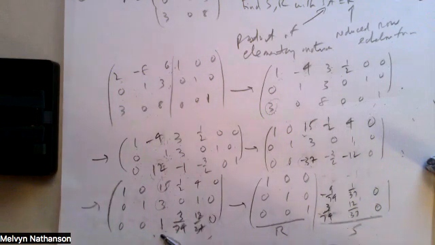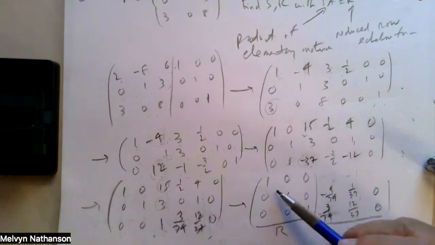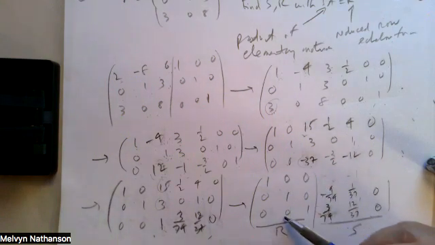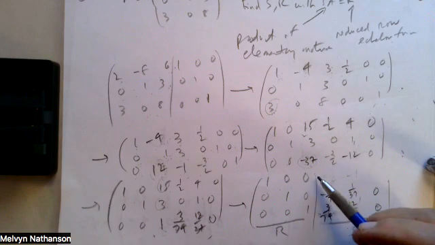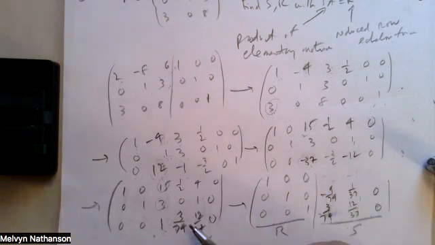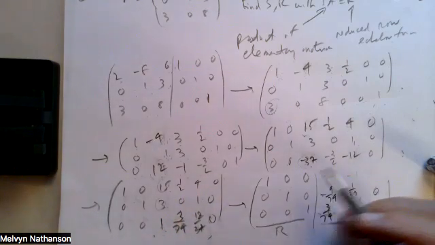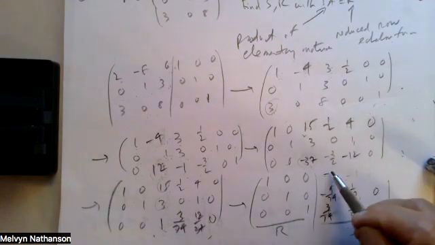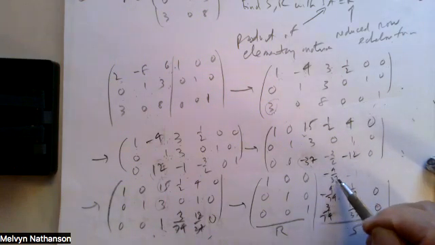And the first row minus 15 times the third row is 1 minus 0, 0 minus 0, 15 minus 15. A half minus 3 times 15, that's 45 over 74. A half is 37 over 74. So 37 minus 45 is minus 8 over 74, which is just minus 4 over 37.